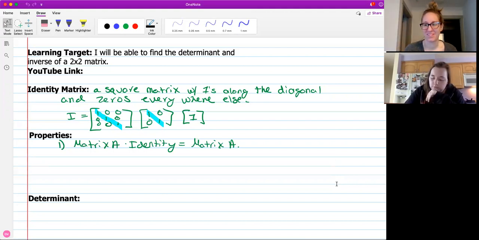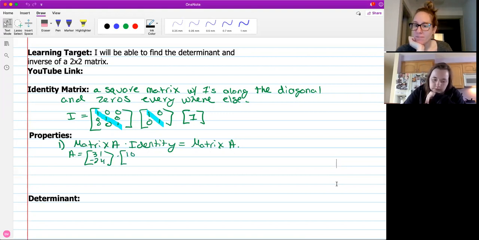For example, if we were to have A here, and this is equal to 3, 1, negative 2, 4, times 1, 0, 0, 1, this is our identity matrix. And then this is going to end up equaling 3, 1, negative 2, 4. I don't have enough room to do all the math for you, but trust me, it works.